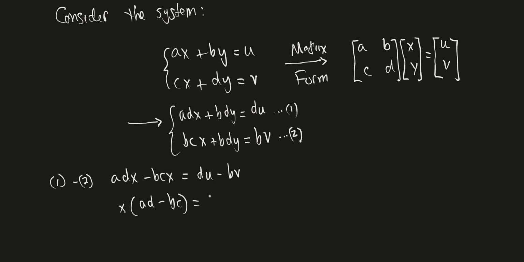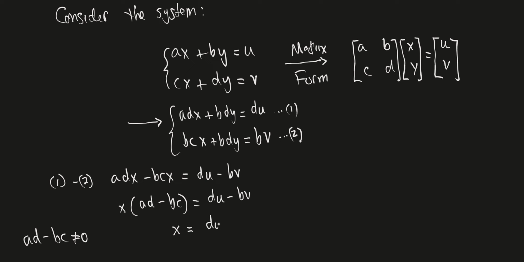Where have we seen that before? And then du minus bv. As long as ad minus bc is not equal to 0, and again, we know what that means, I can divide both sides by this quantity, and then I would have my solution for x.